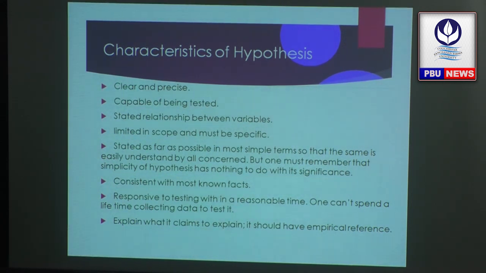Number 3, tested relation between variables. That means on one side is the dependent variable, on the other side is the independent variable. Limited scope must be specified. State as far as possible in the simplest terms so that it is easily understood by all concerned.